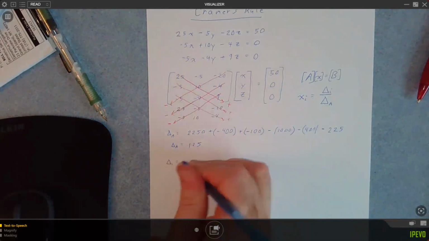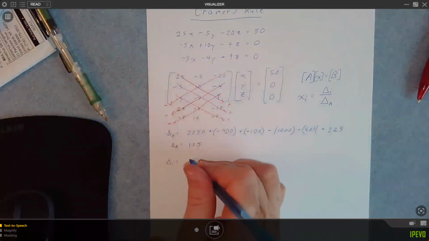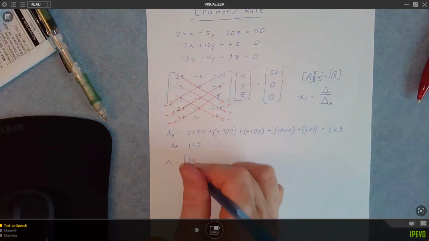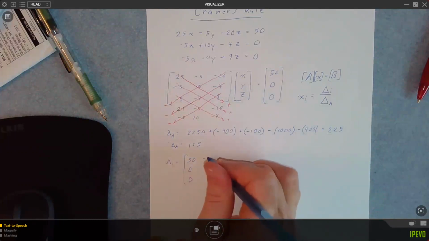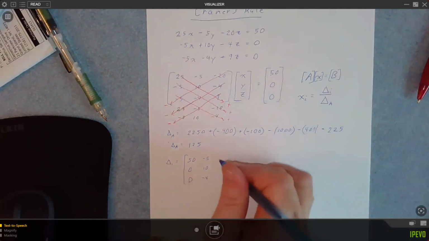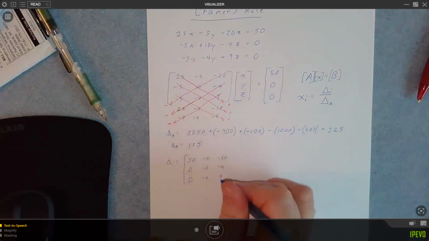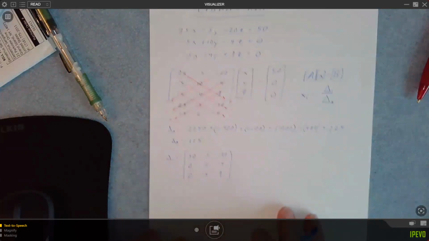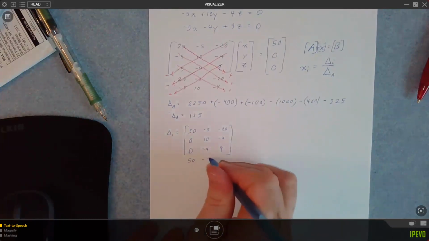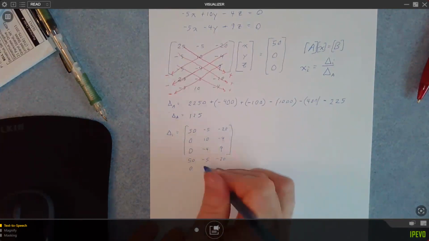Delta 1 is going to be, instead of the 25, minus 5, minus 5, we're going to have 50, 0, 0. And we're going to have minus 5, 10, minus 4, minus 20, minus 4, and 9. And I'm going to go ahead and rewrite these top two rows down here so I can do my determinant.